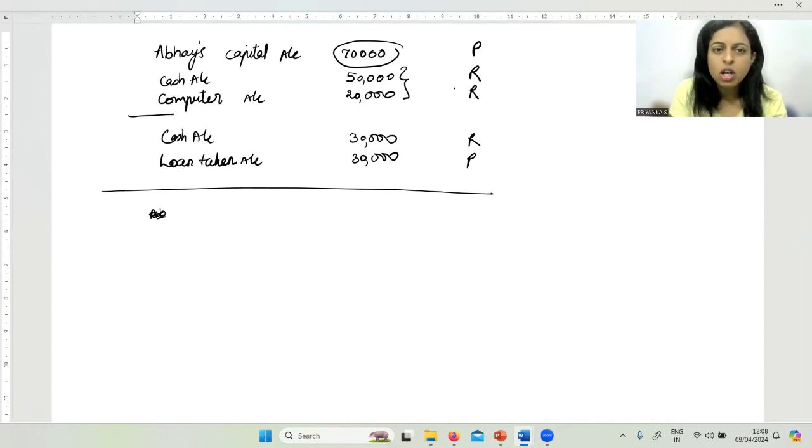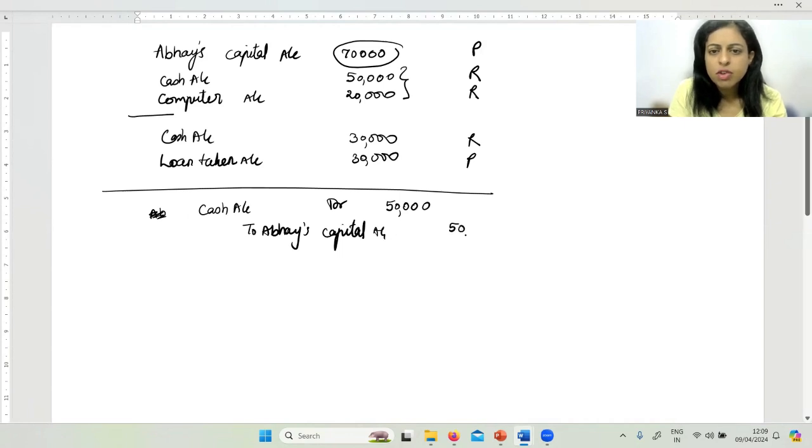Applying the rule of real account, I will write here cash account is coming in. Cash account debit. Amount how much? 50,000. And I will have to Abhay's capital account, 50,000. Fine. So this is how I would have written the first entry.